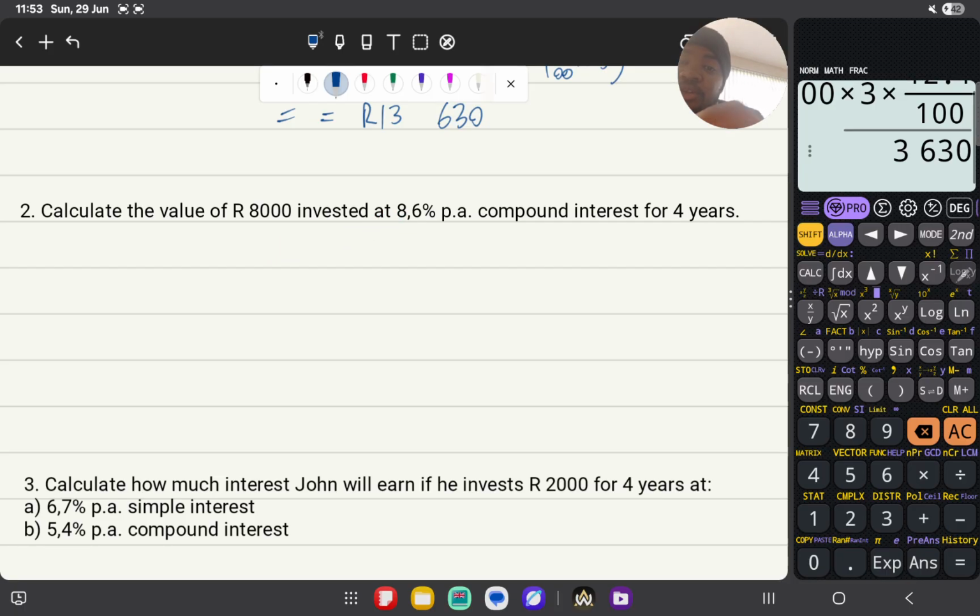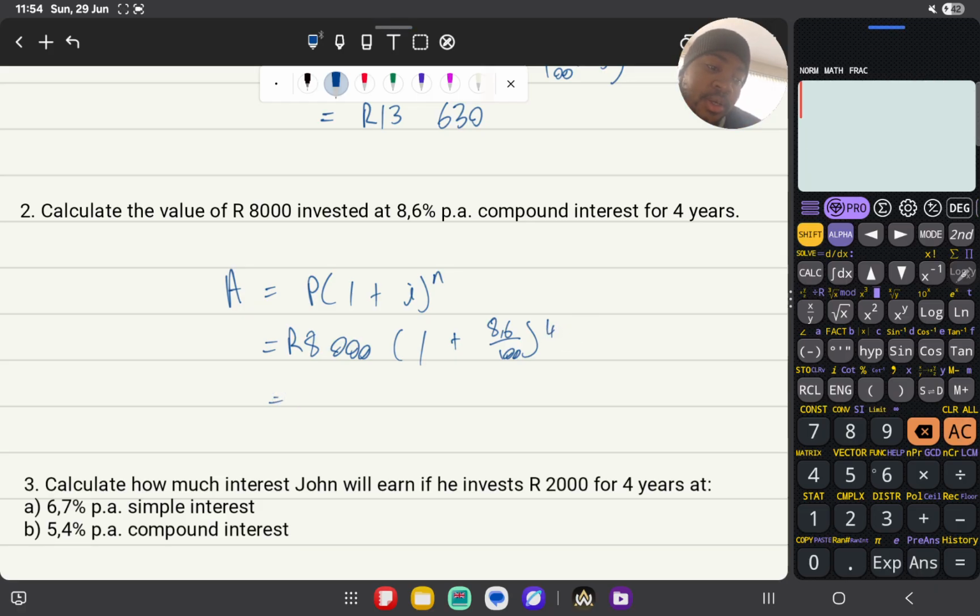Now we calculate the value of 8,000 rand invested, but now it's compound interest. So A equals P(1 plus i) to the power n. Now substitution. Here, 1 plus 8.6 over 100, and then you have the power of 4 here, so you just put the whole thing in a calculator.